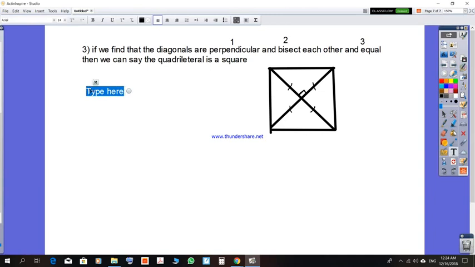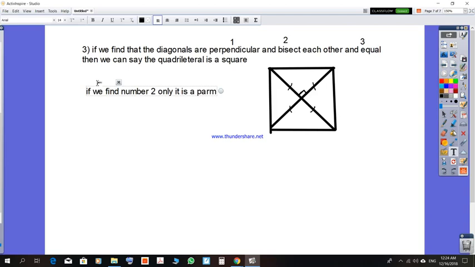If I prove, or if we find number 2 only, it is a parallelogram.